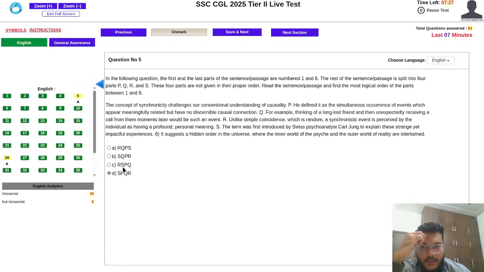Unlike simple coincidence, which is random, a synchronistic event is perceived by the individual as having profound personal meaning. The term was introduced to explain these strange and factual experiences. It defines the simultaneous sequence of events which appear meaningfully related but have no causal connection. Thinking of a friend and receiving a call from them months later would be such an event. It suggests the hidden knowledge where the inner world of psyche and the outer world of fact is intertwined.